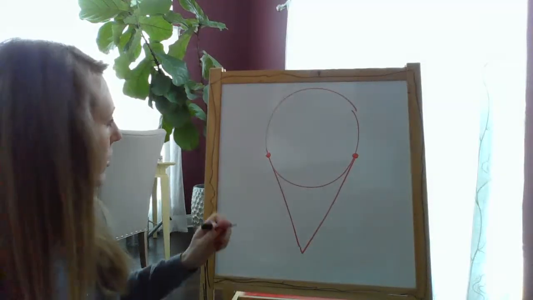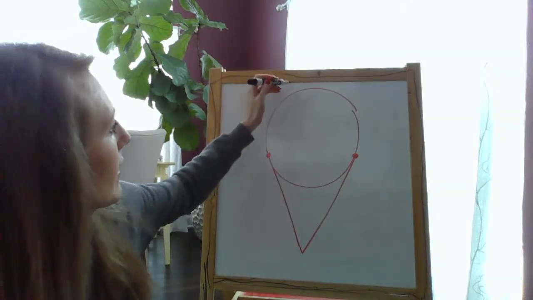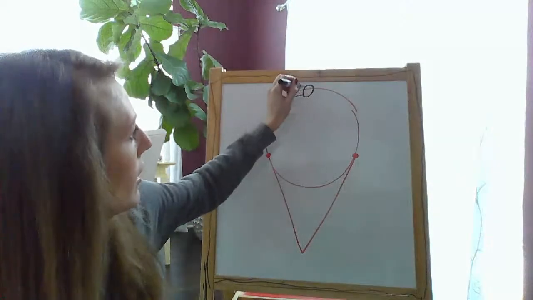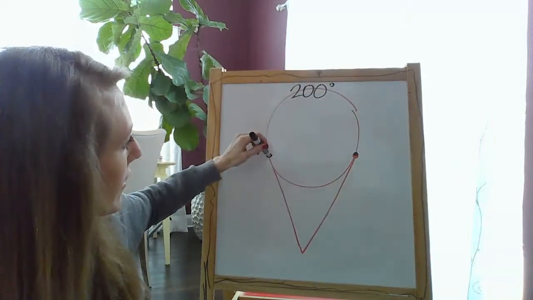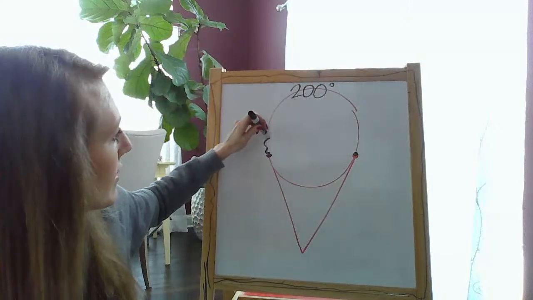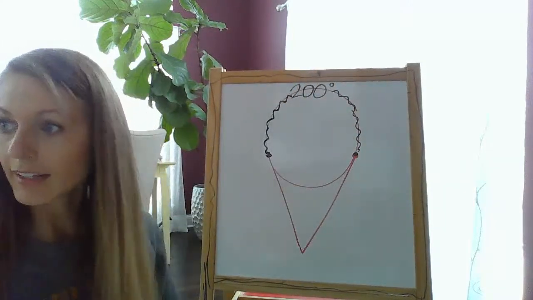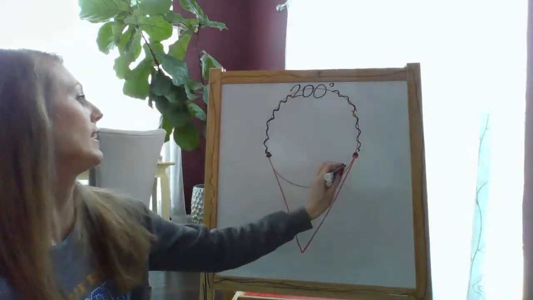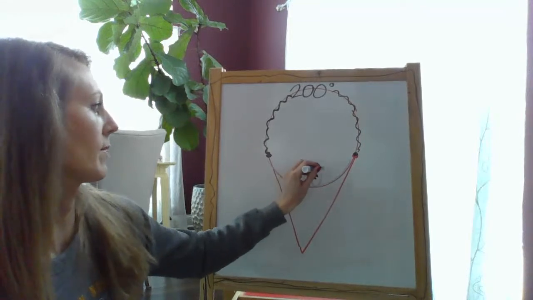And if we knew the measure, let's go back to saying this was 200 degrees. That would mean from here to here, the long way, this major arc is 200. That would mean that this minor arc here would have to be 160.